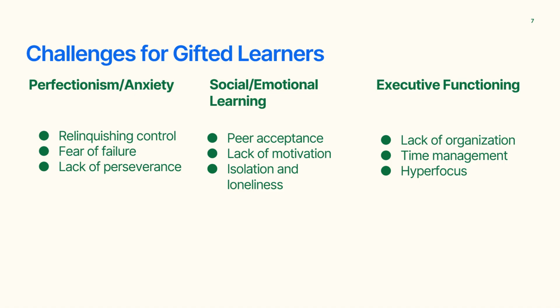So once again, these are 3 major areas of challenge for gifted learners, and we'll talk more about the screeners and how to respond to these different challenges as we move on.